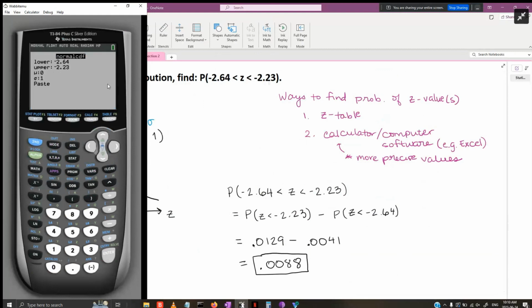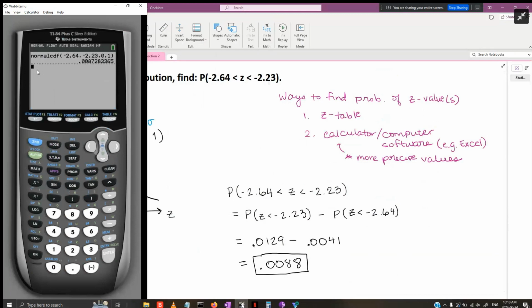If you have a full keyboard with the number pad, you're basically going to click the subtraction button at the very bottom of the calculator, because you want that to represent negative for these numbers. Anyways, technicalities aside, we have the lower shown there, negative 2.64, the upper, negative 2.23. Leave 0 and 1 as they are, and we're going to paste and click enter.